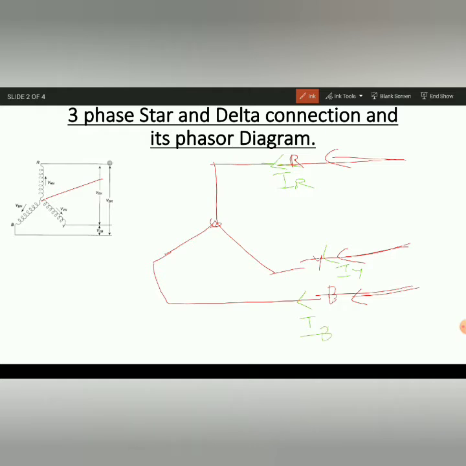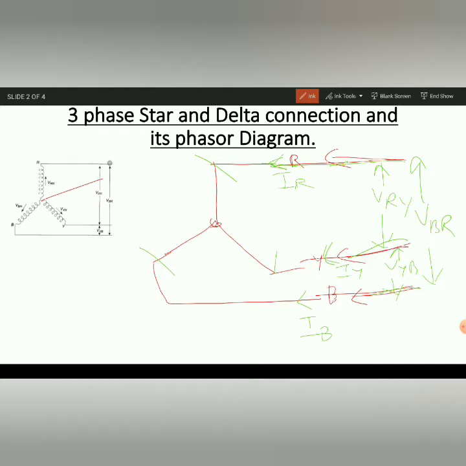Before that, which voltage are you applying? You are applying a line voltage here, here and here. You never apply a phase voltage. So you apply VRY here, VYB here, and VBR between these. Line current is also flowing, but the three-phase motor is there.